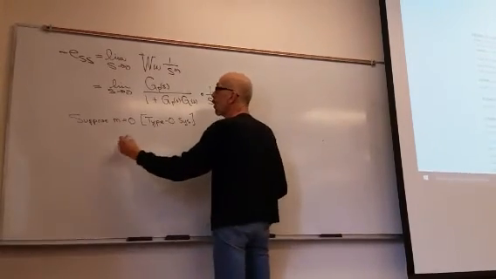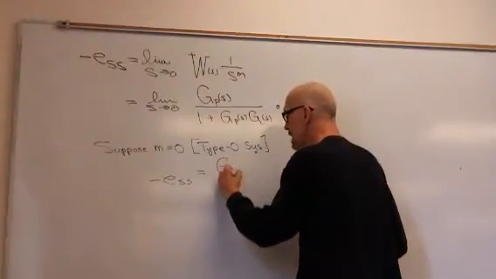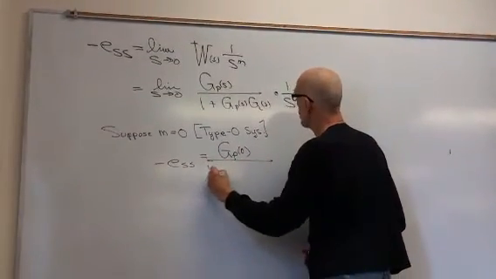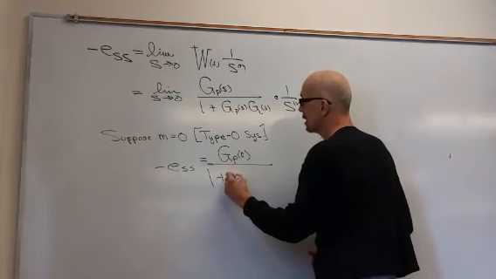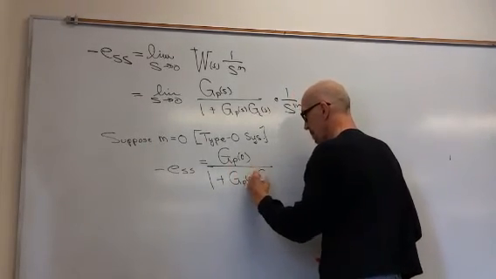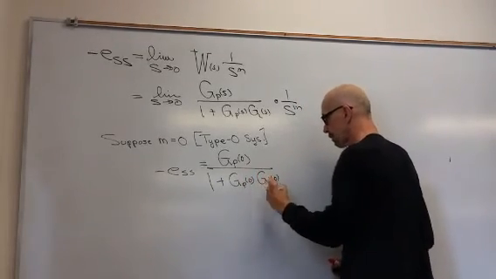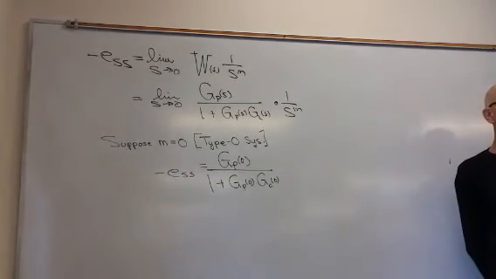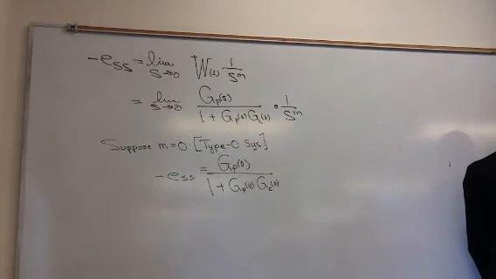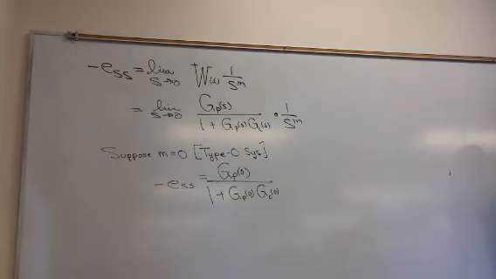So this whole error, the steady state error, becomes G of 0 over 1 plus... So that's if you wanted a type 0 closed loop system.